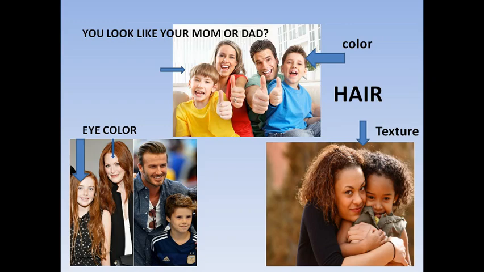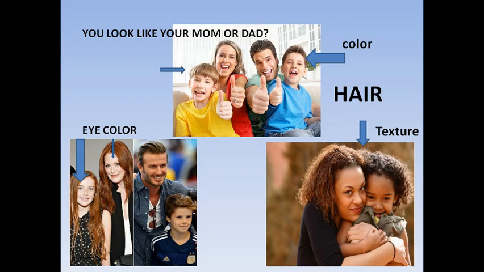I am using the word character. In some books, you might be reading that the passing of traits from one generation to another is called heredity.